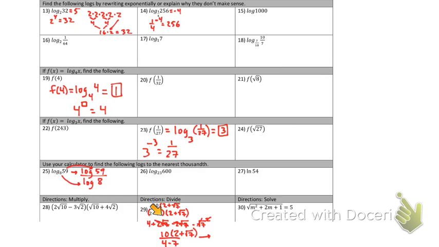I'm going to distribute the 10. 10 times 2 is 20. 10 times radical 7 is 10 radical 7. So we get 20 plus 10 radical 7. That's the top. And then the bottom, we just do the math. What is 4 minus 7? That gives me negative 3. And we are done.